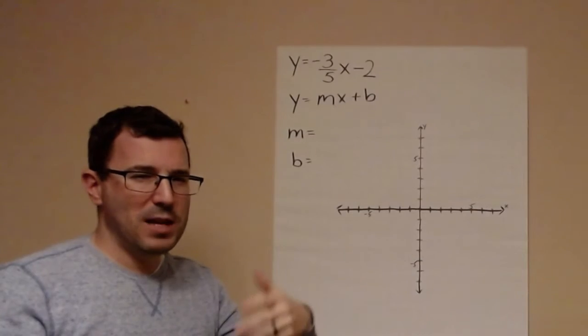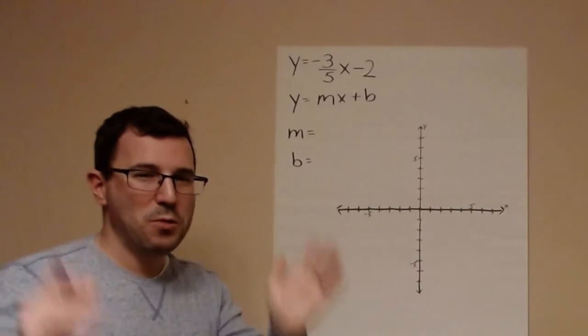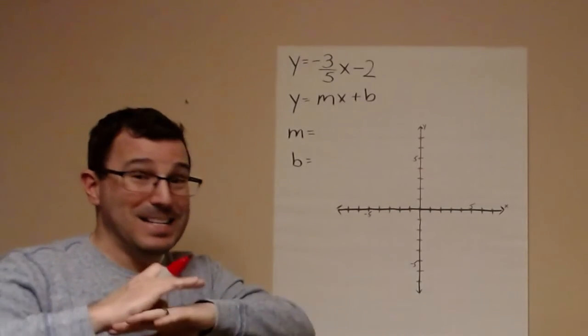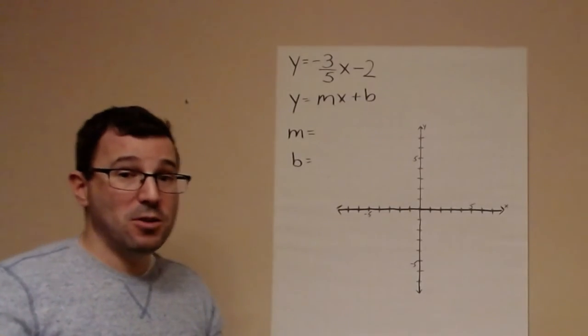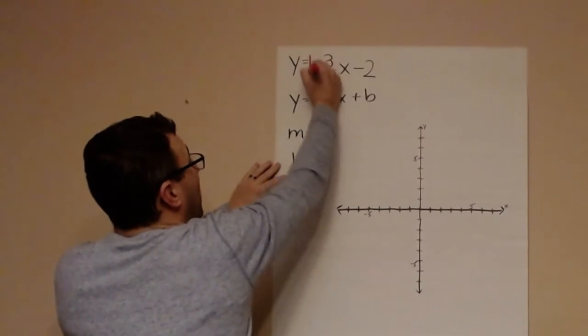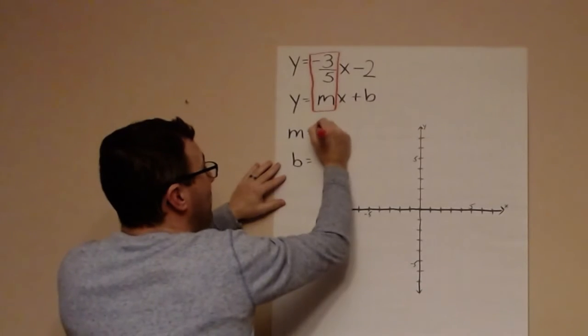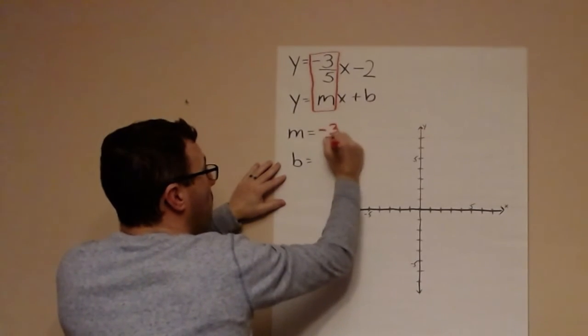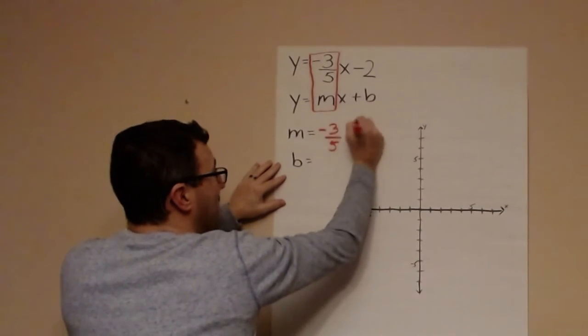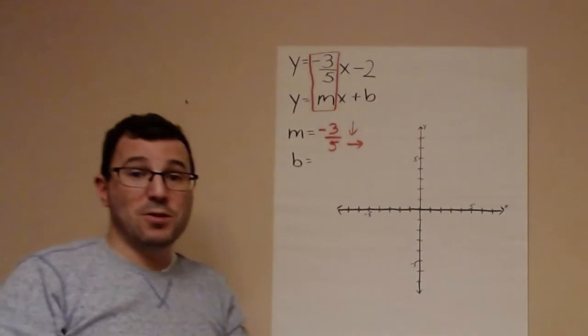Most students will then also accidentally put the x variable in with the slope. Don't do that. The x is not part of the slope. It's just the number. So I've got -3/5. This is going down 3 every time it goes to the right 5.